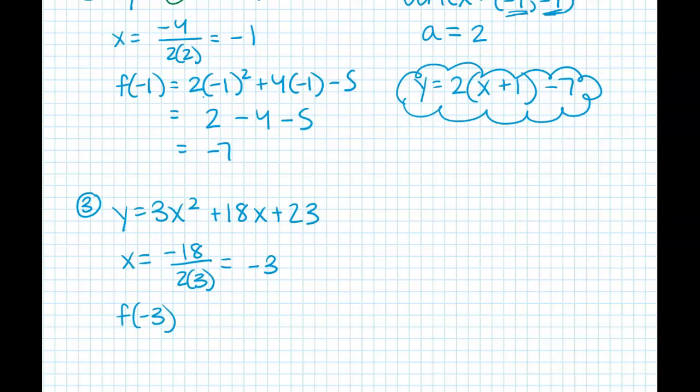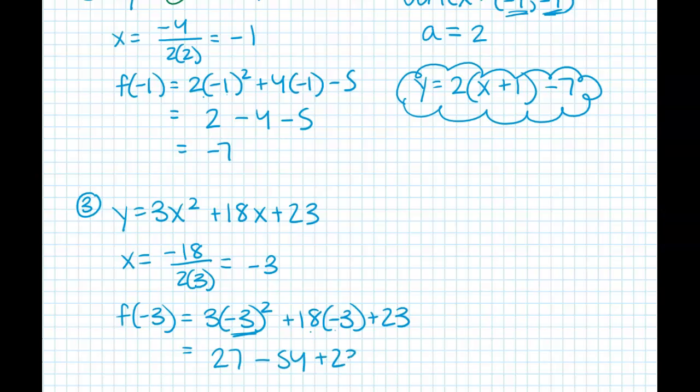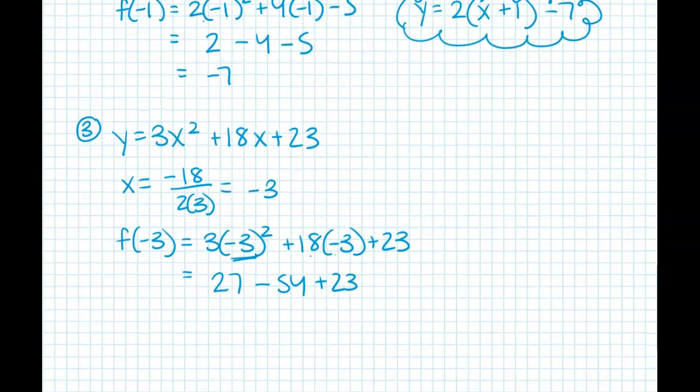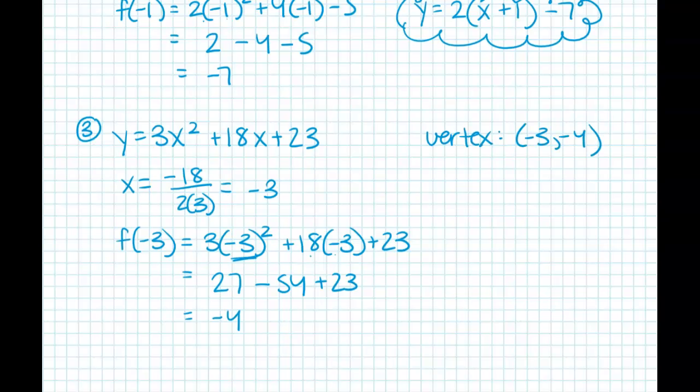F of negative 3 is 3 times negative 3 squared plus 18 times negative 3 plus 23. This is 3 times 9, 27. 18 times negative 3 is negative 54, plus 23. 27 minus 54 is negative 27, plus 23 is negative 4. So our vertex is negative 3, negative 4.